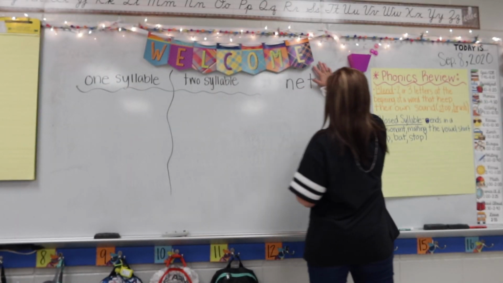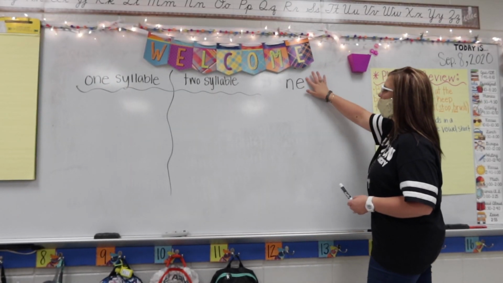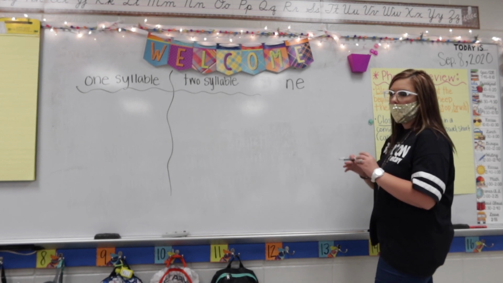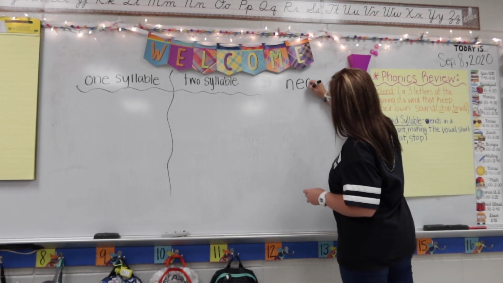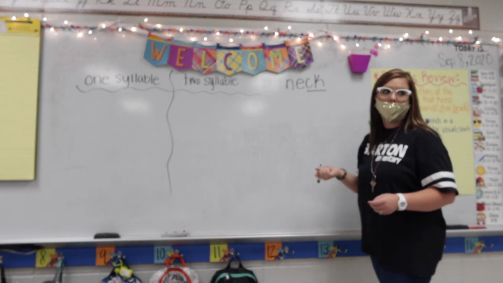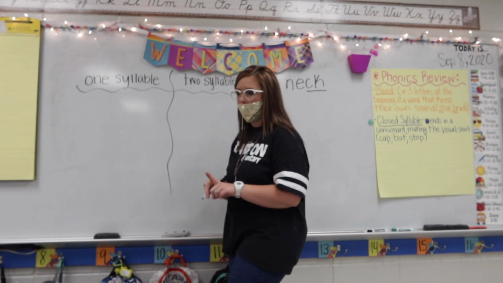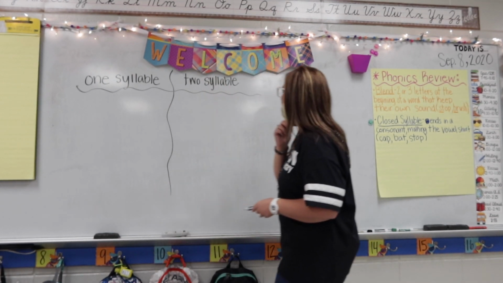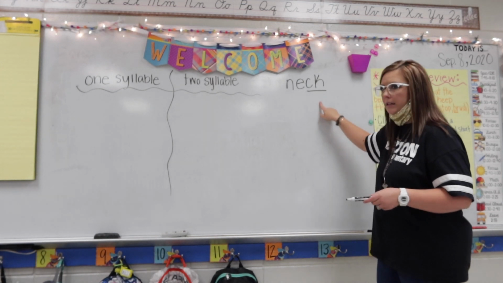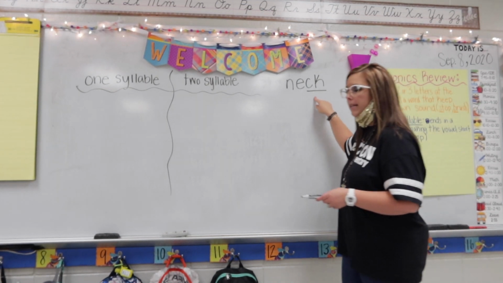If you took away the T on net, what would you add to make neck? Howard? A CK. CK, which is a what? Digraph. A digraph. Two letters that come together and make a new sound. You don't hear the C and K separately. It's just neck. Those two letters make one sound.